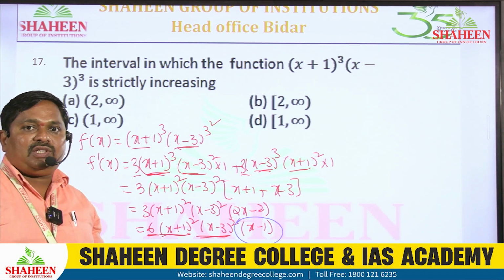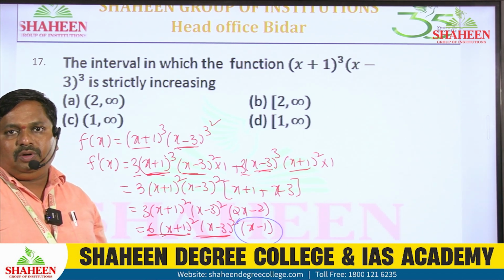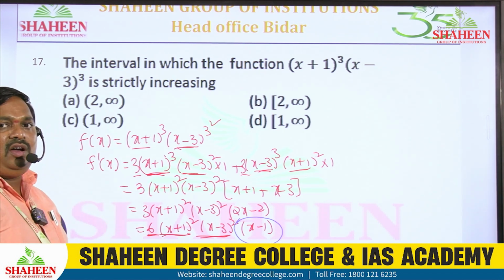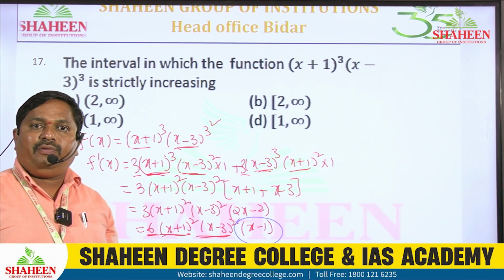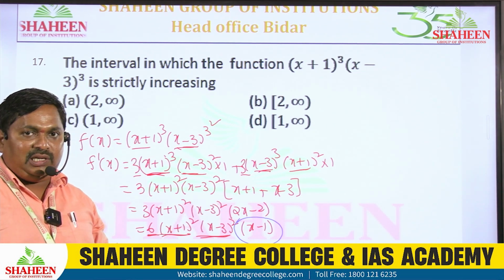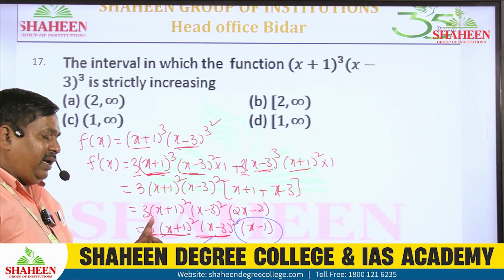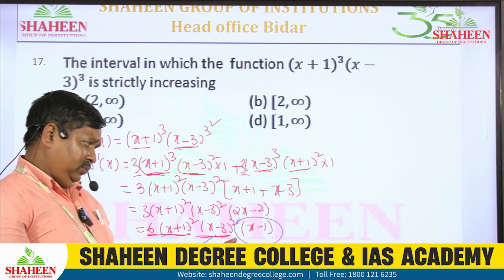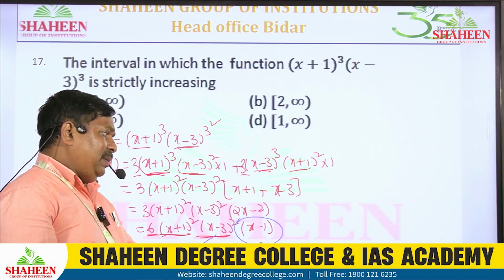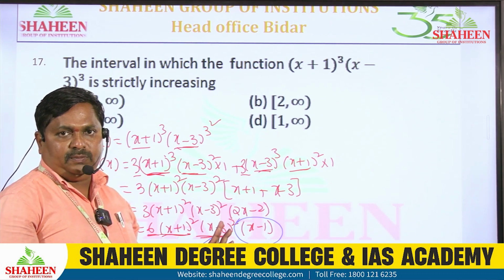If it is square it is always positive. By the sign of the derivative we come to know whether it is an increasing or decreasing function. 6 positive, x plus 1 whole square positive, x minus 3 whole square positive, then the given function depends only upon this x minus 1.